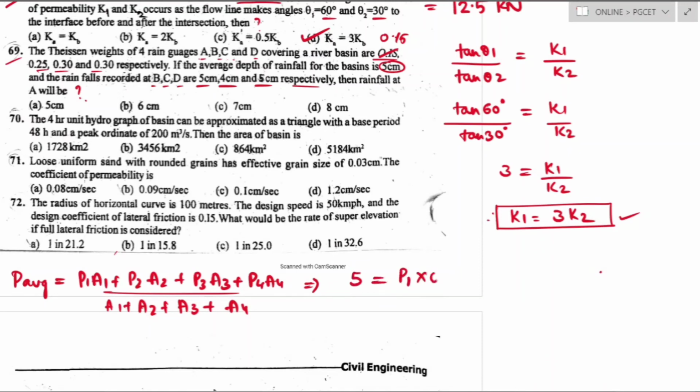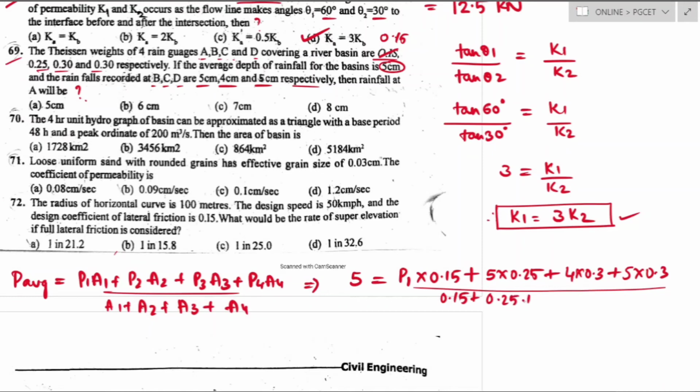P1 we have to find, and the weight of the first rain gauge station is 0.15, plus P2 is 5 into 0.25 plus 4 into 0.3 plus 5 into 0.3, divided by A1 is 0.15, A2 is 0.25, A3 is 0.3, A4 is 0.3. So 5 is equal to 0.15 into P1 plus 3.95 divided by 1.